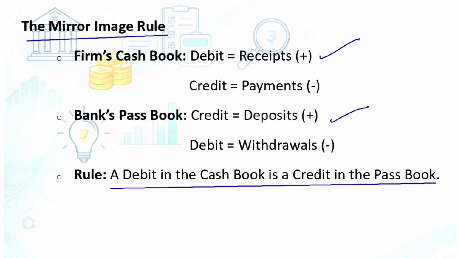Okay, the main thumb rule for bank reconciliation statement is a debit in cash book is a credit in passbook. This is the main theme of the bank reconciliation statement, to match the cash book with the passbook.